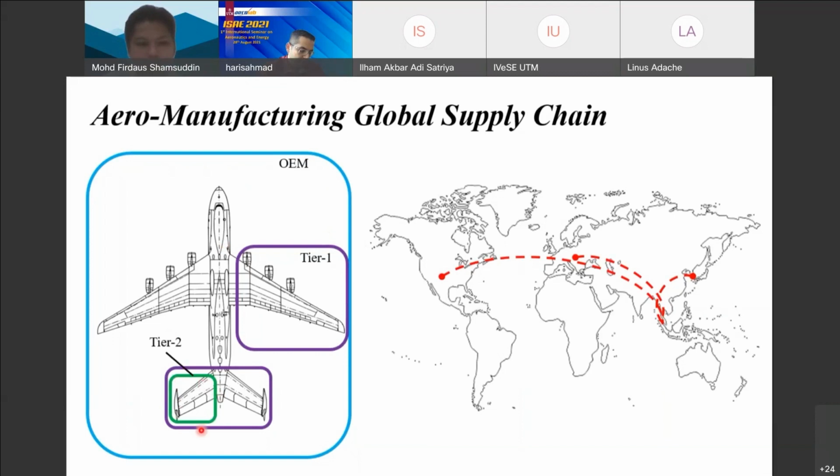For example, here they broke up the whole empennage into horizontal tail, vertical tail, and different sections. So they give these work packages to tier two suppliers or manufacturers. Tier two manufacturers will manufacture the parts in accordance with tier one's requirements, to meet the whole requirement set by the OEMs.